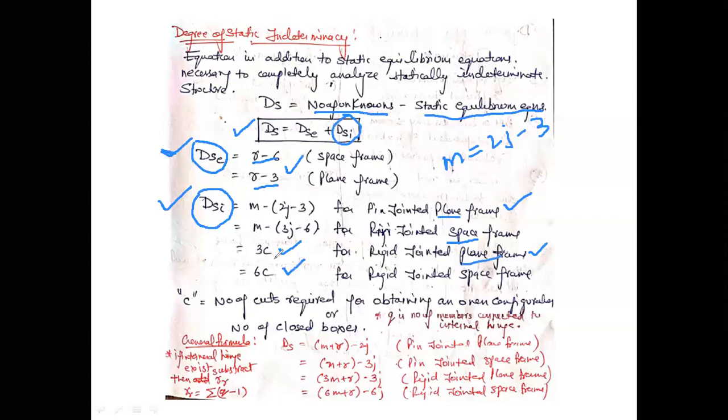The C is the number of cuts required to obtain an open configuration of a structure, or we can simply say C is the number of closed loops. We'll discuss it like this.